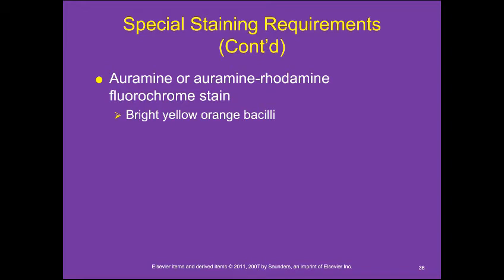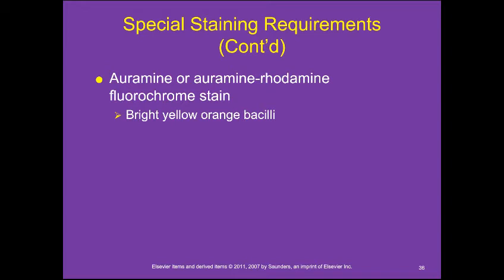Here now are the special staining requirements. The auramine or auramine rhodamine fluorochrome stain. You have to use a dark field microscope, or a bright field microscope. The background is black.